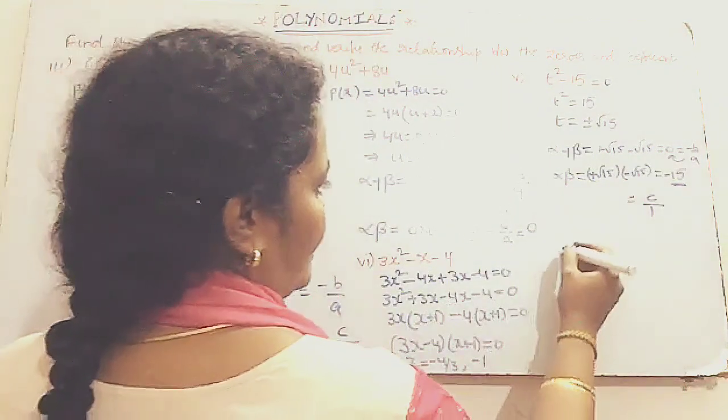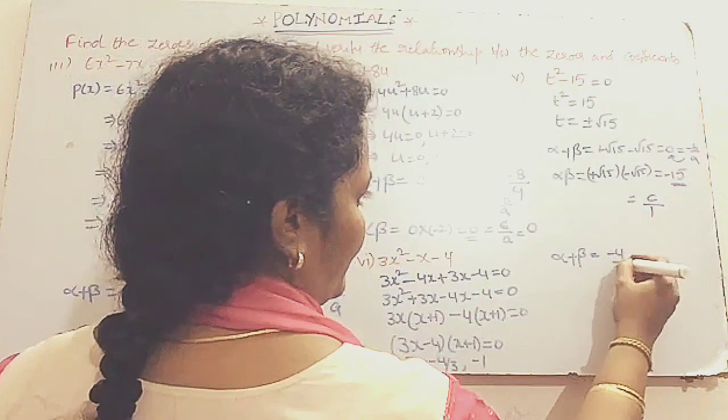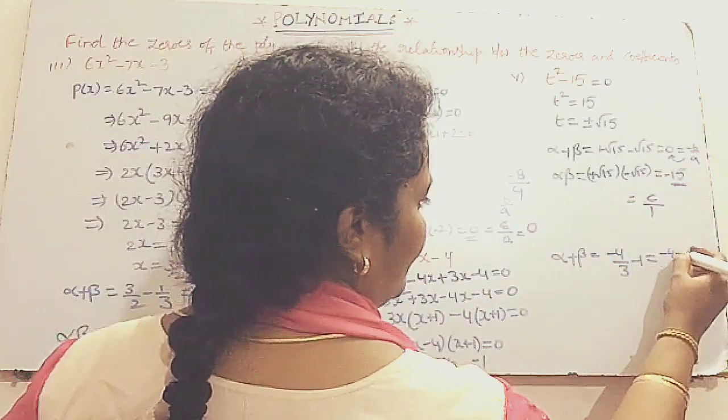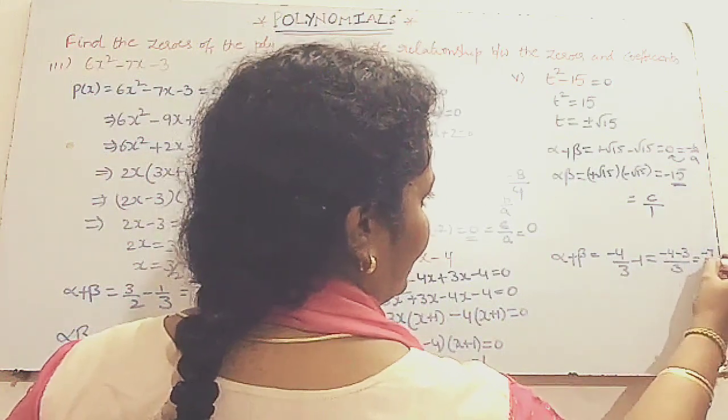Then sum of roots alpha + beta is equal to 4/3 - 1. That means (4 - 3)/3, that is equal to 1/3.